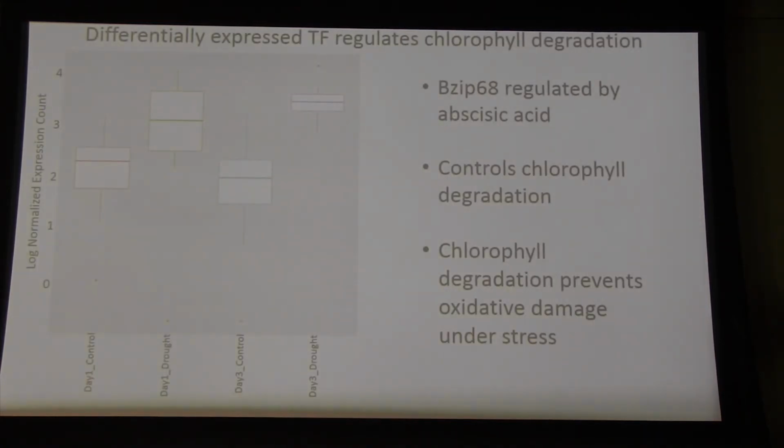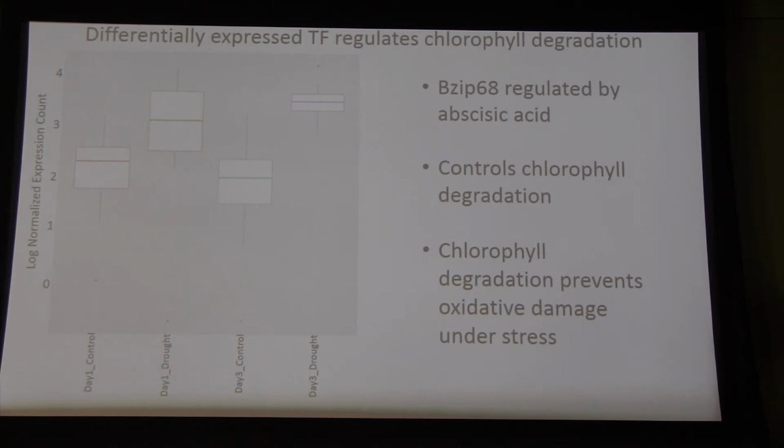And so this is just one example of one of the BZIP transcription factors that was differentially expressed under drought. And you can see that on both day 1 and on day 3, there's much higher expression. And so this BZIP 68 is regulated by abscisic acid. And what it does is it controls chlorophyll degradation.